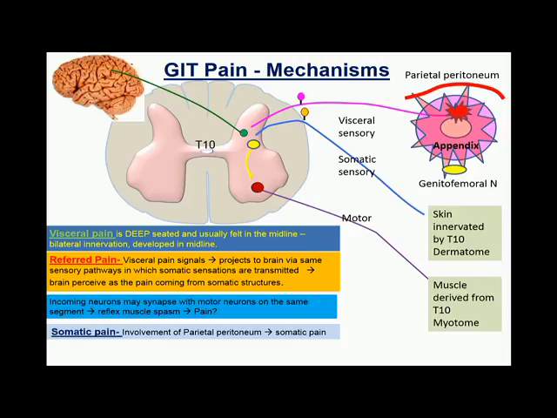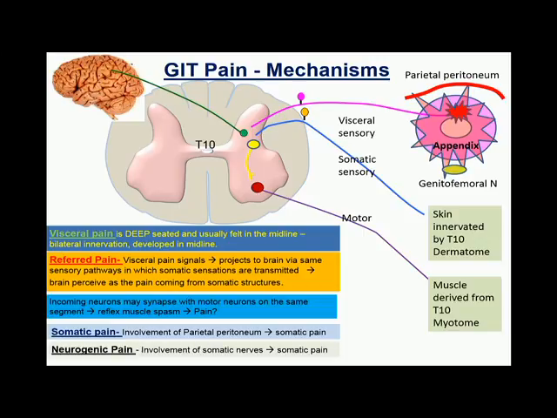So that's a somatic pain, and it occurs in the abdominal wall. And at that stage you can ask the patient to pinpoint using one finger. They will tell that. Whereas with visceral pain, they can't pinpoint it, okay? Somatic pain, they will. Is that clear? Right.